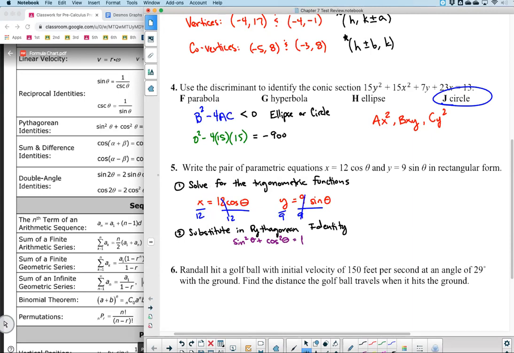So if cosine is x over 12, that means cosine squared would be x over 12 squared. Same concept applies for sine. If sine is y over 9, then sine squared is going to be y over 9 squared. And all this equals 1.